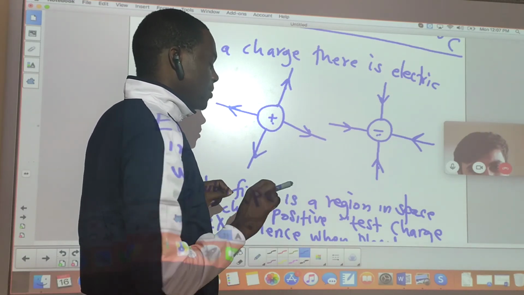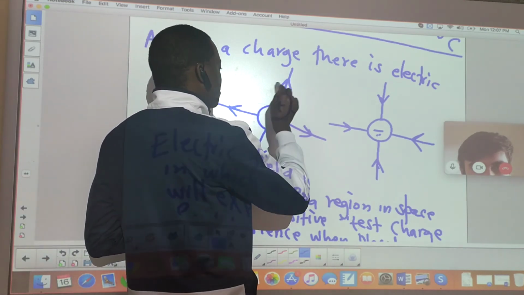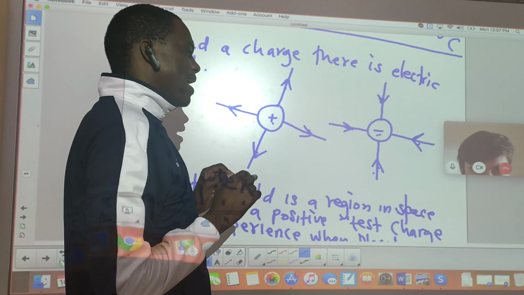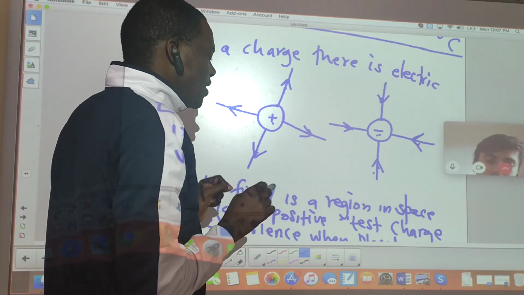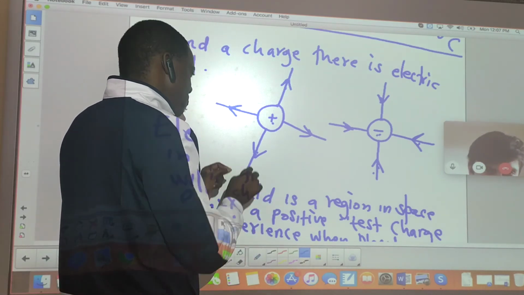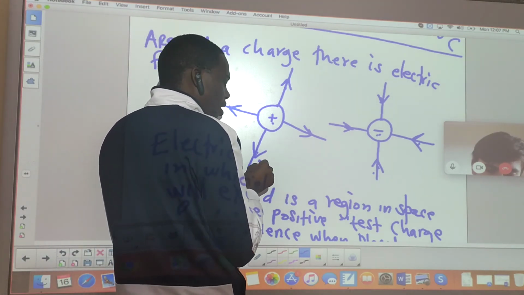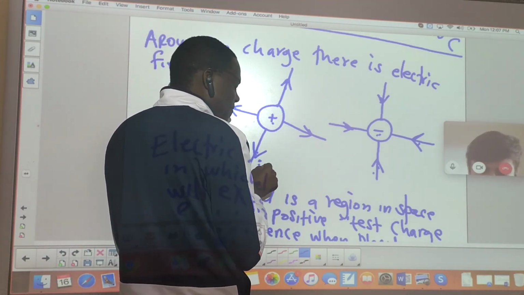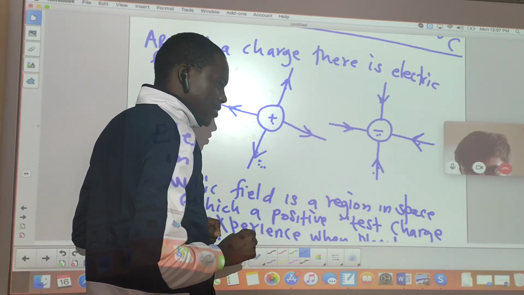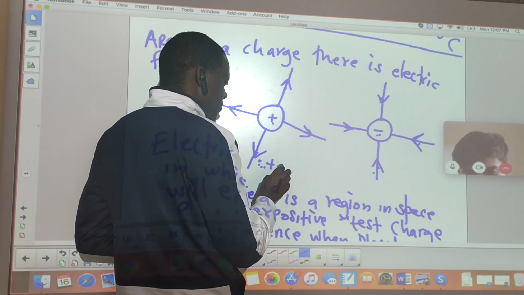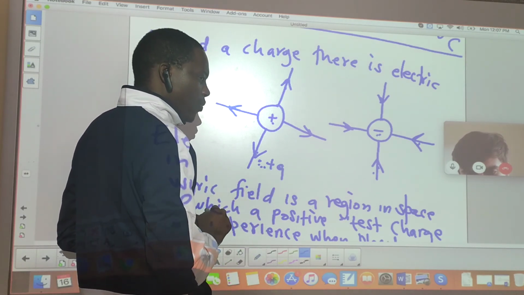I will repeat. These arrows are telling us what would happen if we place a positive charge in that field. Like for instance, if I place a positive charge here, where will it go?